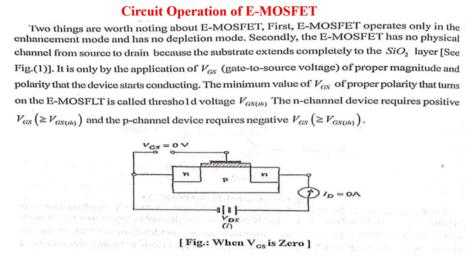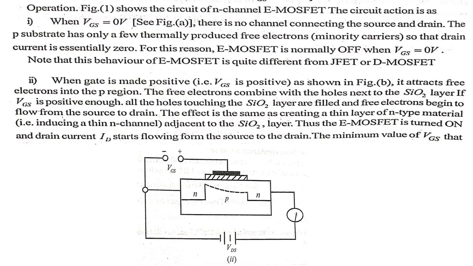Now, the operation shows the circuit of an N channel E MOSFET, when VGS equals 0 volt. There is no channel connecting the source and drain.